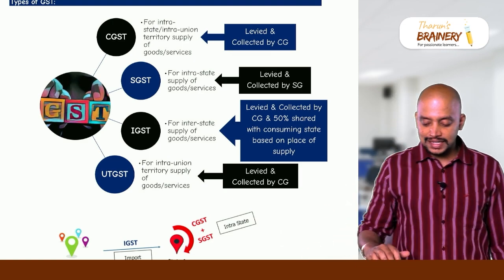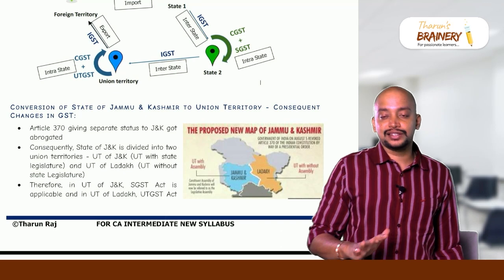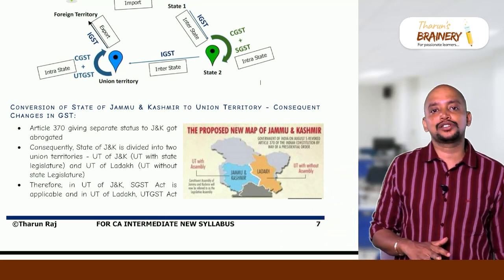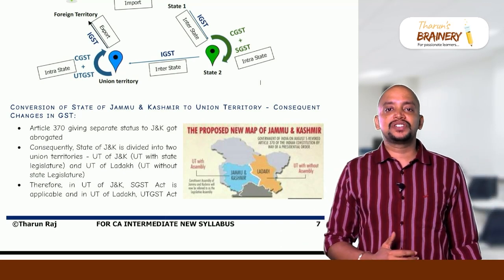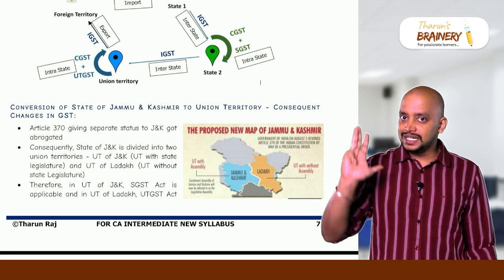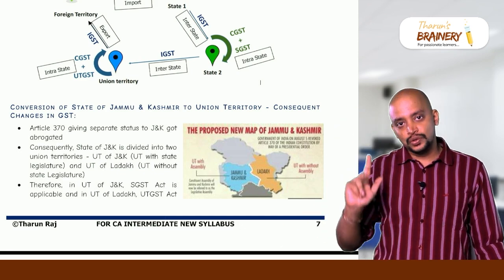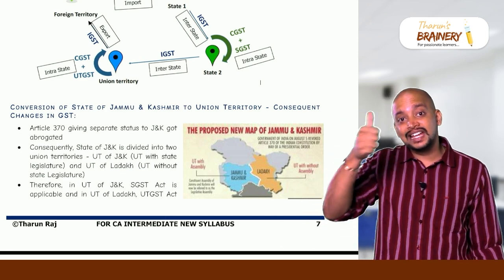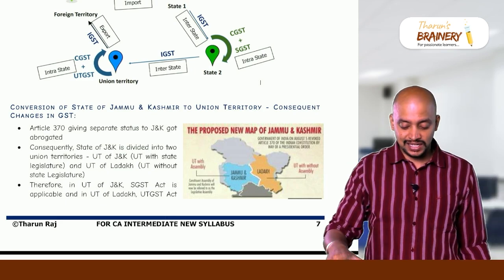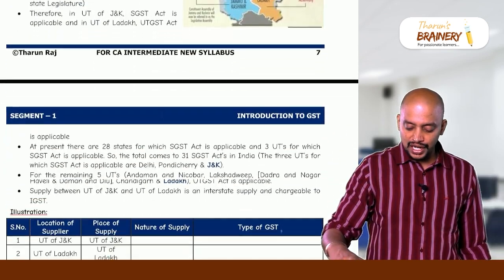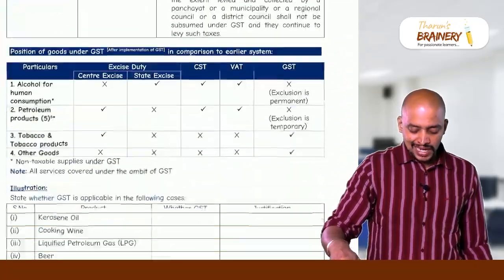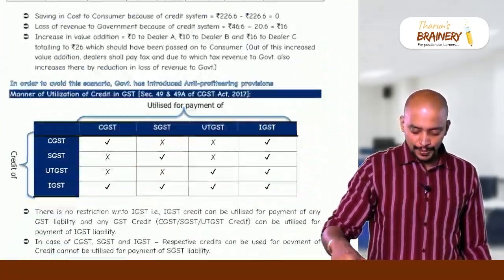So let's try to understand this compensation cess. If you add compensation cess also, what are the various types of GST that we have? 5: CGST, SGST, UTGST, IGST, and compensation cess. The information related to compensation cess I have given below.